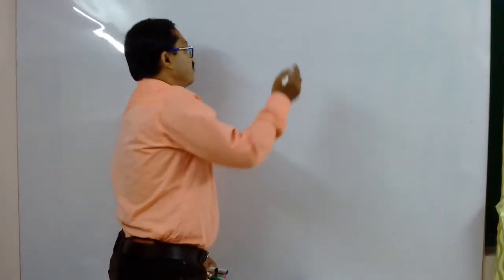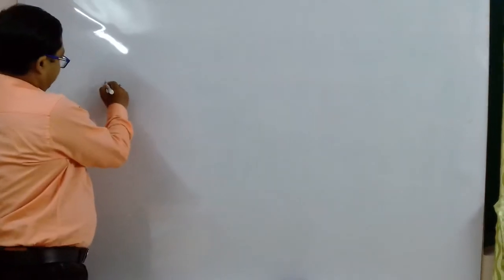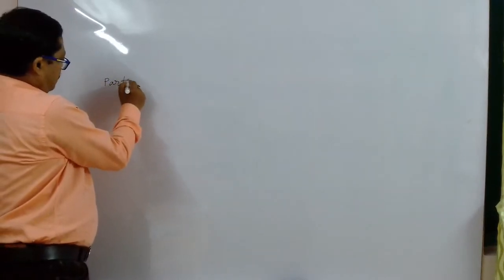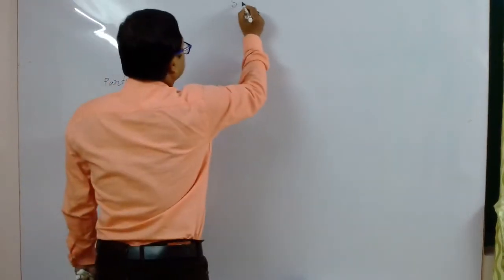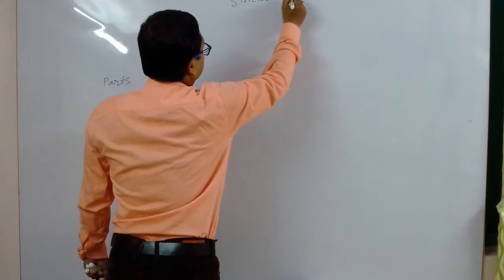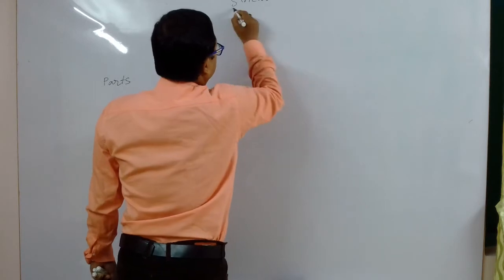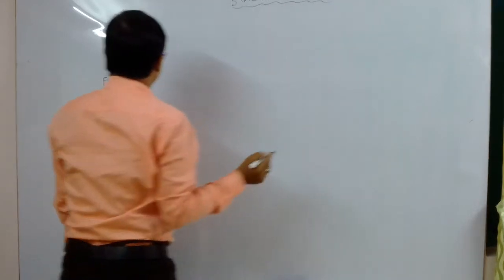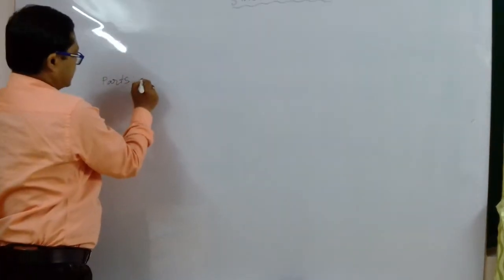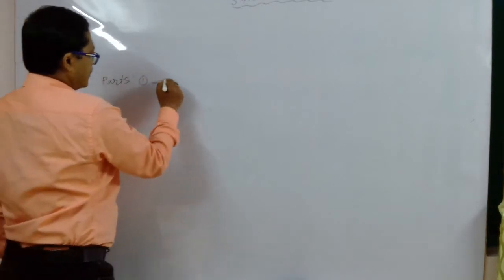First question: how many parts does the small intestine have? Three parts. One is the duodenum.